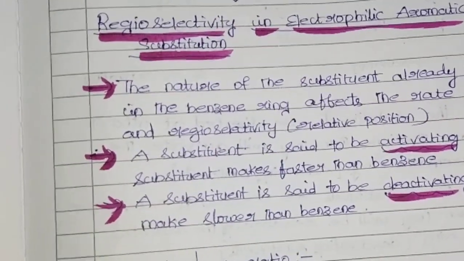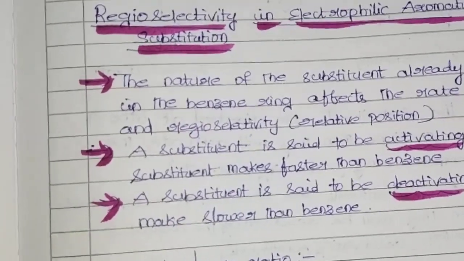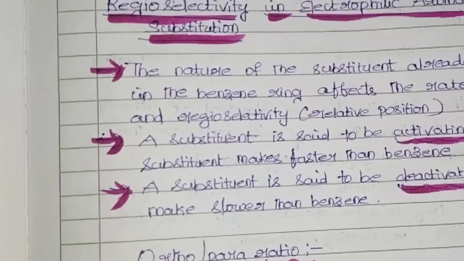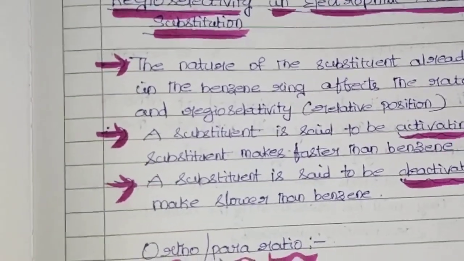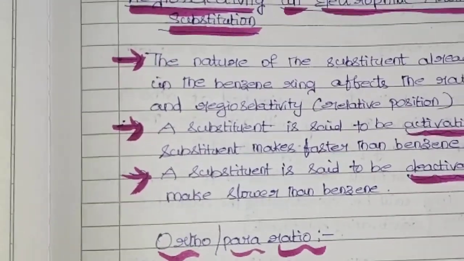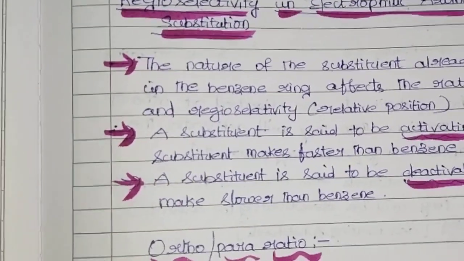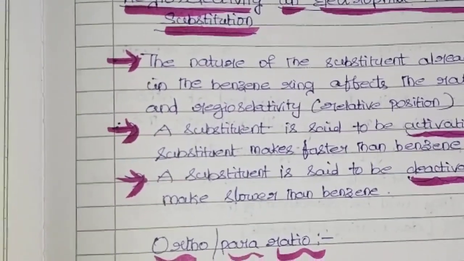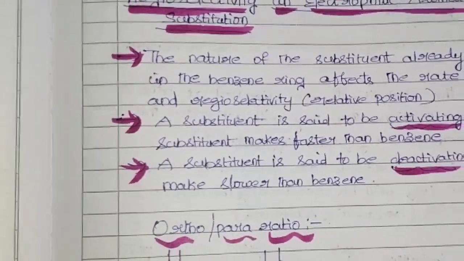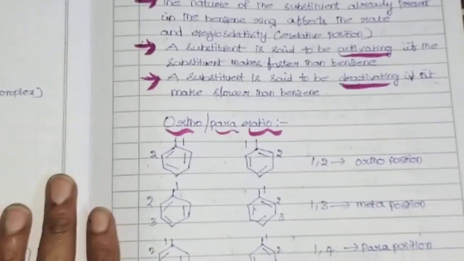When a substituent makes the substituted benzene slower than benzene, they are called deactivating substituents. So it will make the ring activating or deactivating.